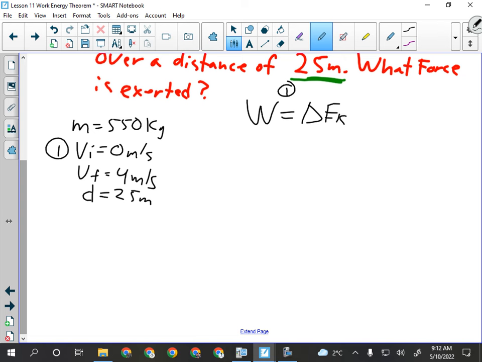This is the short form. Okay? The long form of this formula looks like this. Work is calculated by multiplying force times distance. Okay? And change in kinetic energy means subtract the initial from the final. It's the way we calculate all change. Okay?